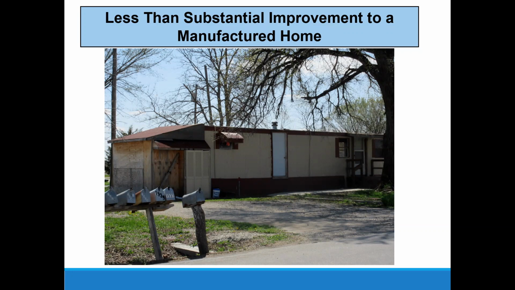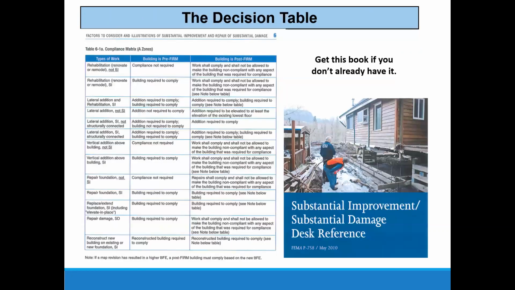Not sure about this one being made of flood damage resistant materials. It looks like it might not be, but the point is it's not structurally connected, and it's not a substantial improvement. It's kind of just leaned up against this, and it's not actually worth 50% or more of the market value. So here's the decision table that I've been talking about.